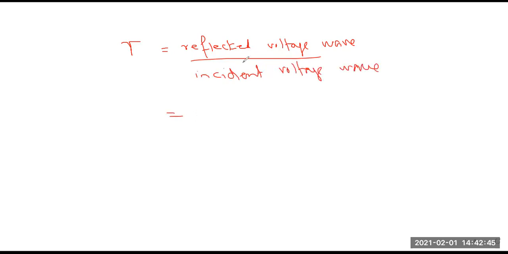Mathematically, the reflected voltage wave is represented by V naught minus e power plus gamma z, divided by the incident voltage wave, which is represented by V naught plus e power minus gamma z.